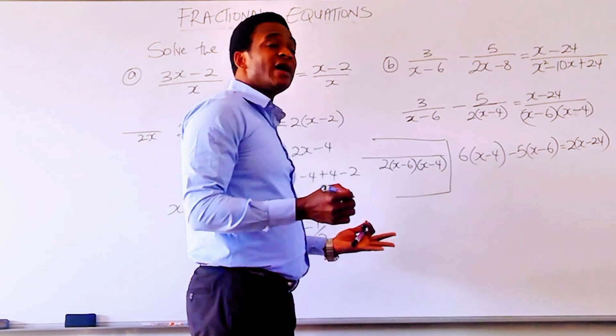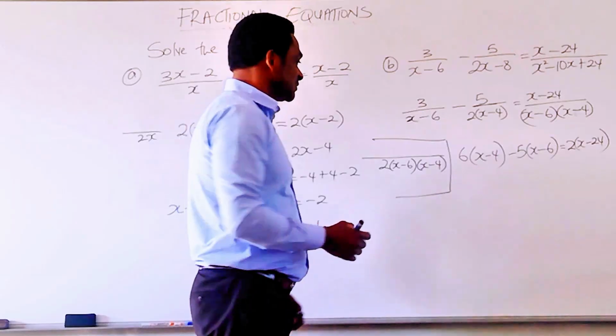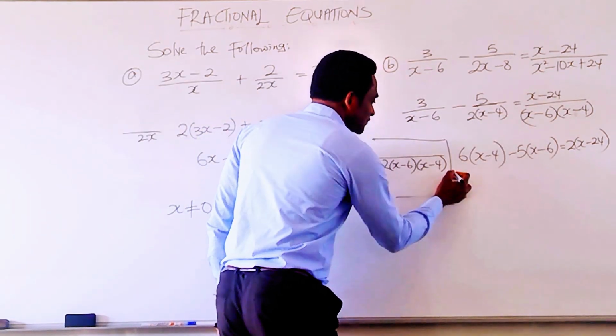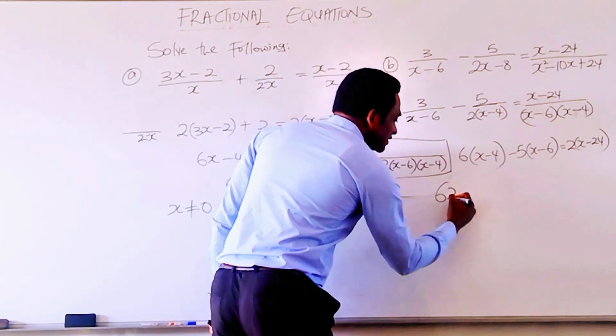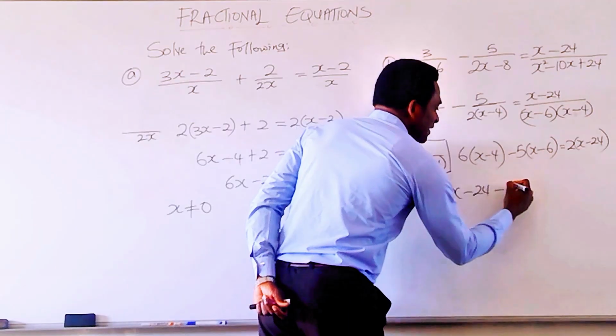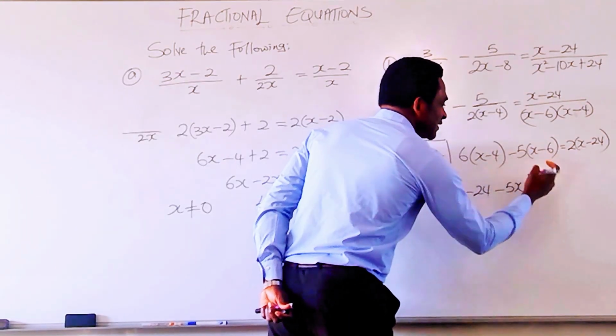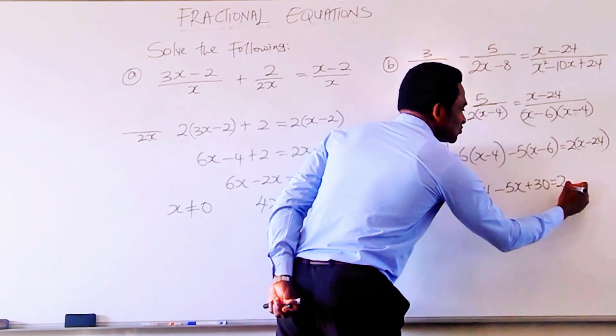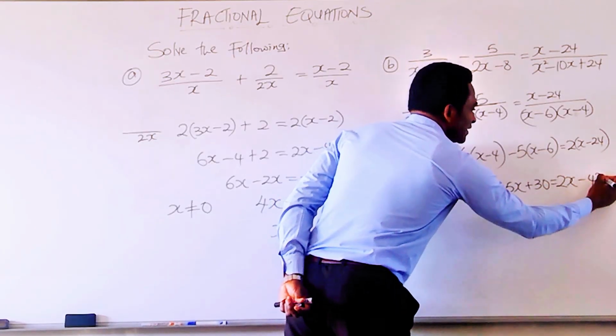Now let's simplify and collect items. From this will give us 6x. So we have 6x minus 24 minus 5x, minus 5 times minus 6 is plus 30, equals to 2x minus 48.